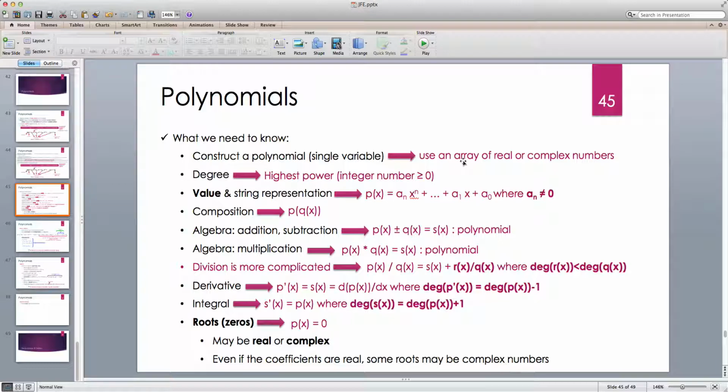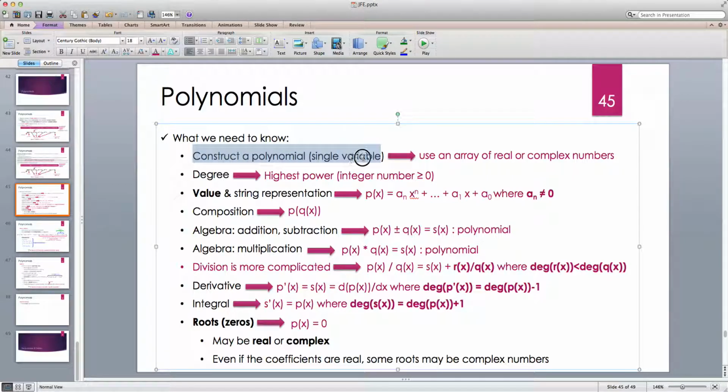In this tutorial I'm going to continue the discussion on polynomials, and if you followed the last video, we discussed how to construct a polynomial, which we defined as an object, a class in Java.